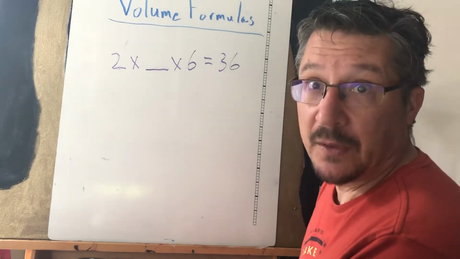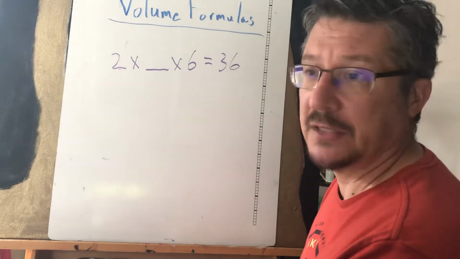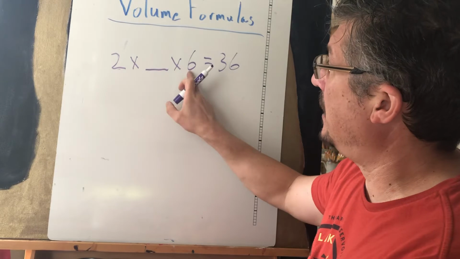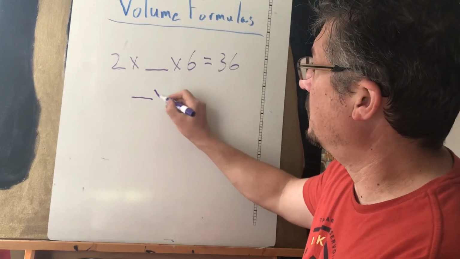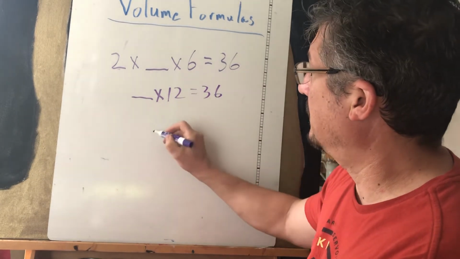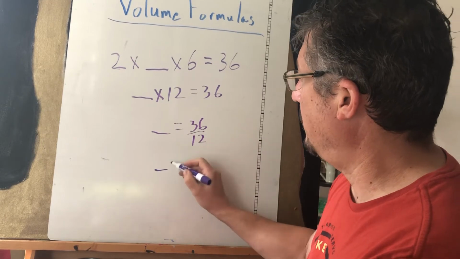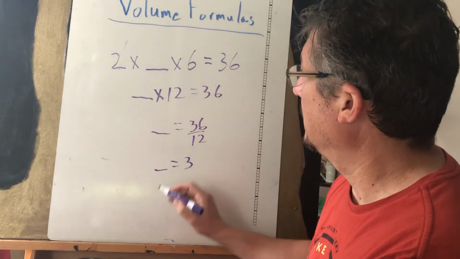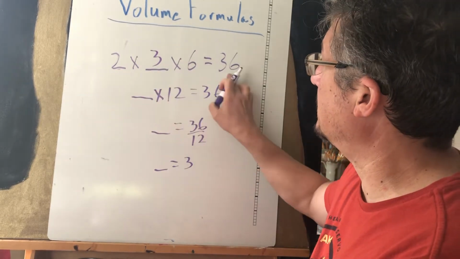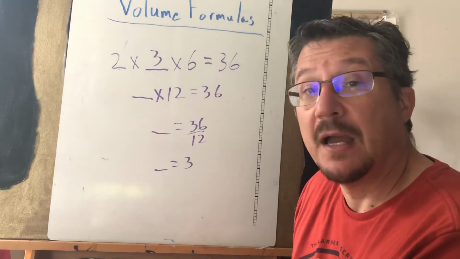So now 6 times 2 is 12, equals 36. Blank equals 36 divided by 12, or blank equals 3. I know 2 times 3 is 6, and 6 times 6 is 36. That's really all we're doing to find those missing sides.